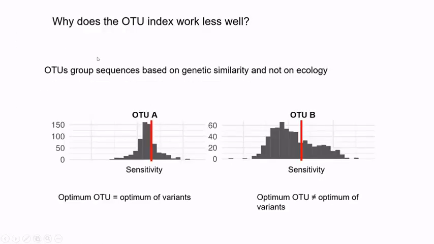The second question is why does the OTU index work less well than the other indices? The hypothesis is that sometimes OTUs are good. There are really some nice, true species, like this one, where you have a nice ecological profile. So probably here it's a meaningful OTU with sequences which are really from the same species and so the same ecology. But sometimes, and this is the case here, it's true data, it's mixing some species which do not have exactly the same ecology.